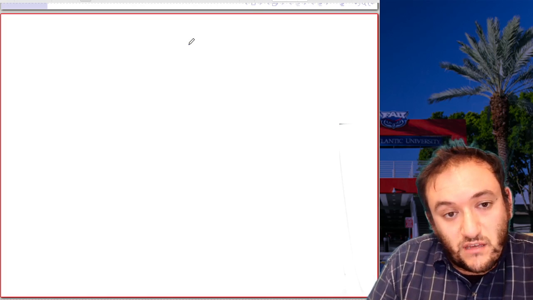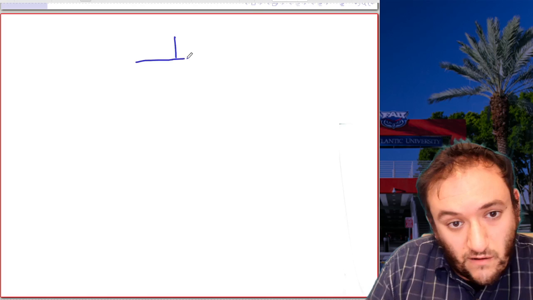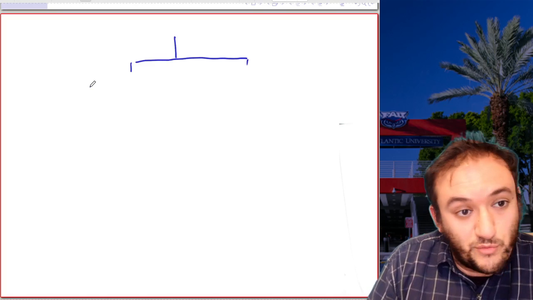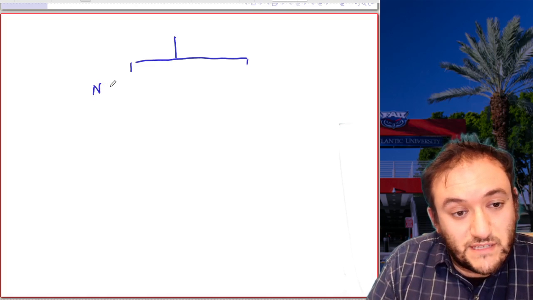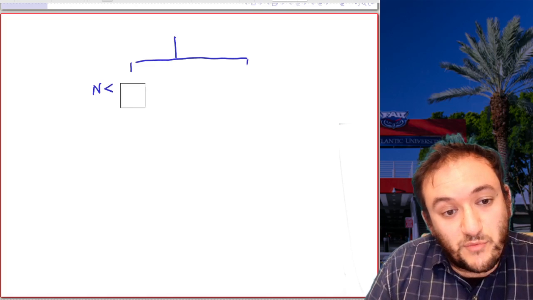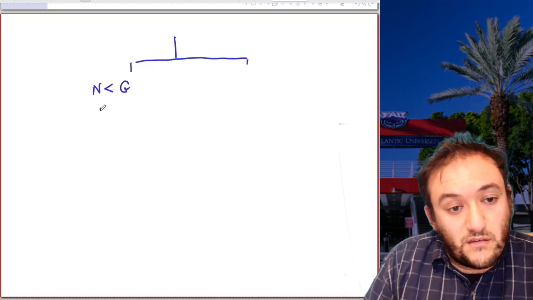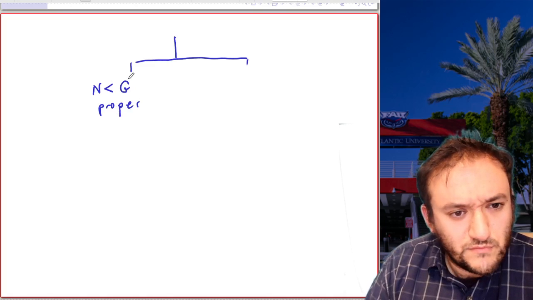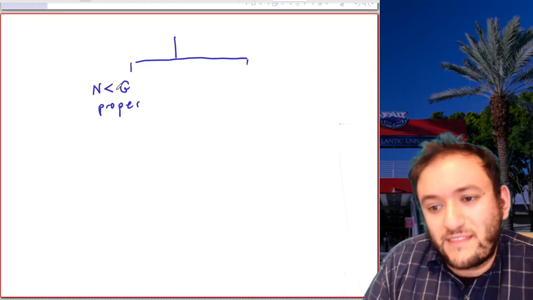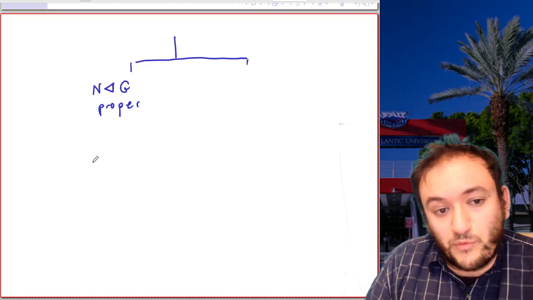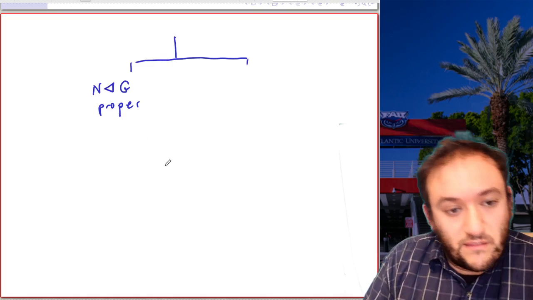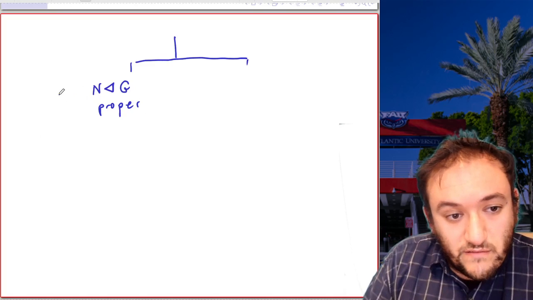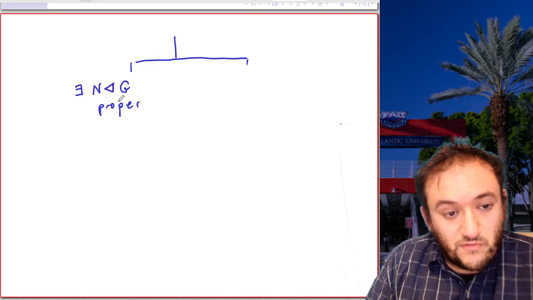So we start with G, and we have something like a decision tree here. The first thing we look for is a proper subgroup of G. Is there a proper subgroup of G? That means it's not equal to the identity or the whole group. Recall that if G is abelian, this is actually a normal subgroup. If there exists such a subgroup, that's one case.